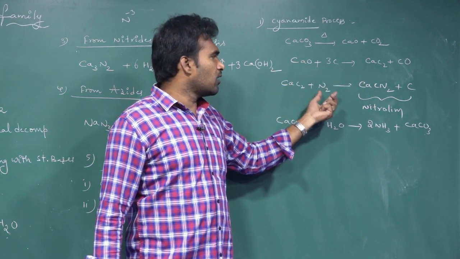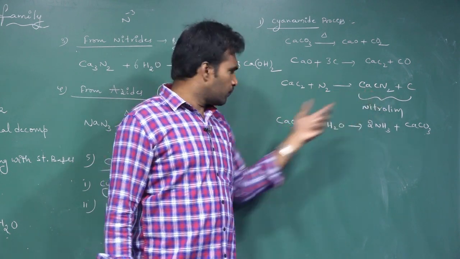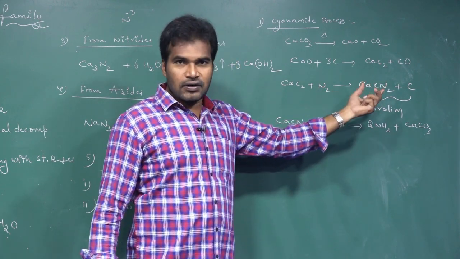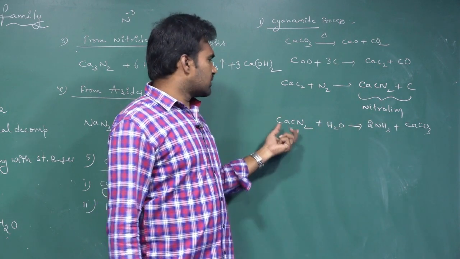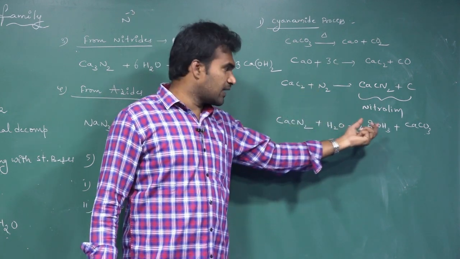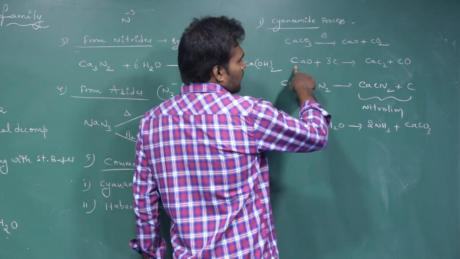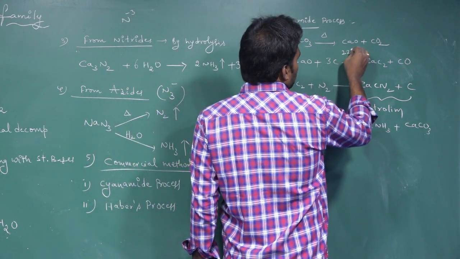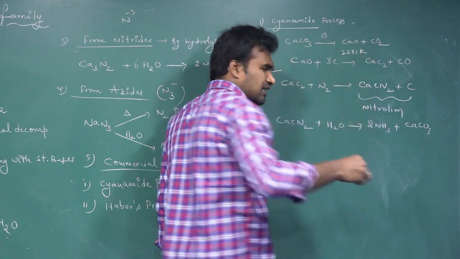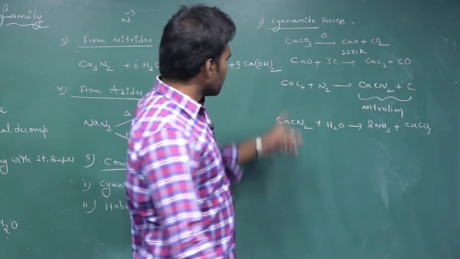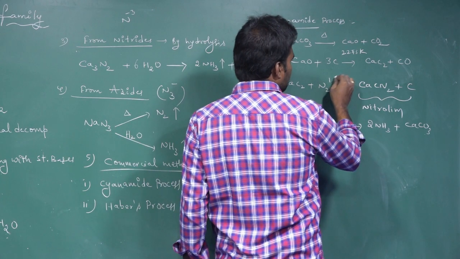To this, when you add nitrogen, we get CaCN2, calcium cyanamide plus carbon, that is what we call the nitrolime mixture. And this nitrolime mixture on hydrolysis gives ammonia. And remember that carbon is mixed with lime at a temperature of 2273 Kelvin, that means nearly 2000 degrees Celsius, whereas here we maintain 1000 degrees Celsius.